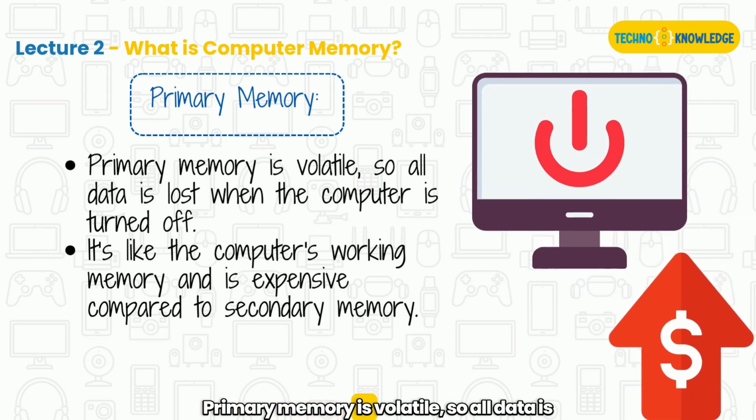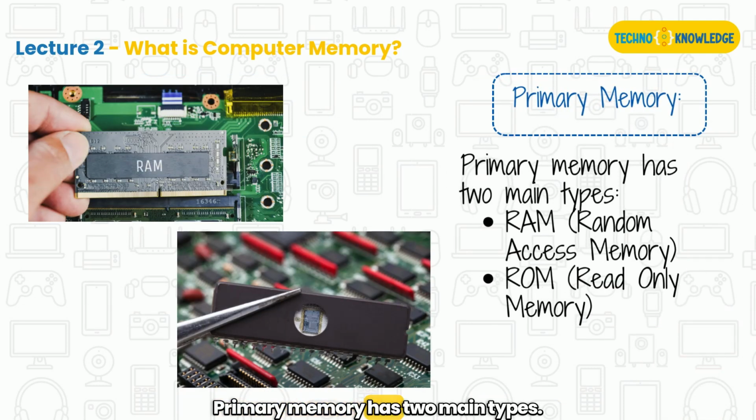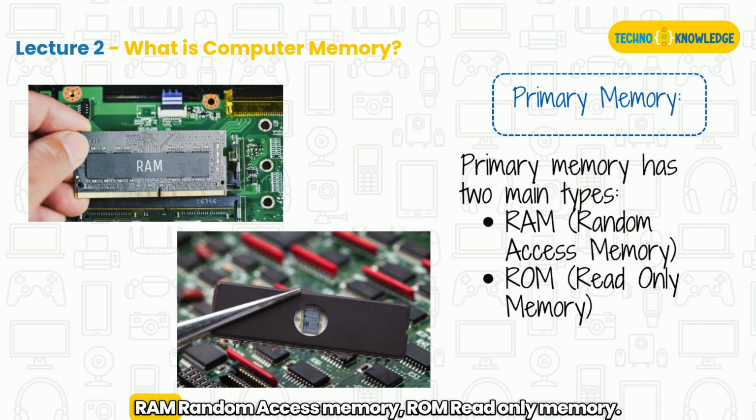Primary memory is volatile, so all data is lost when the computer is turned off. It's like the computer's working memory and is expensive compared to secondary memory. Primary memory has two main types: RAM, random access memory; ROM, read-only memory.